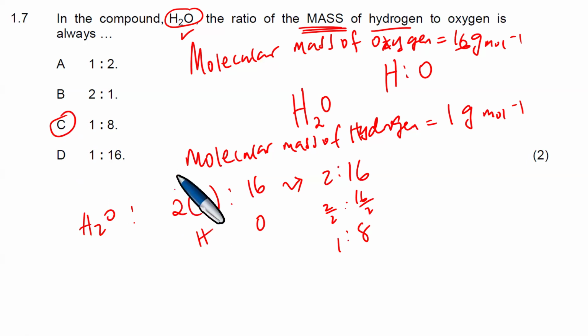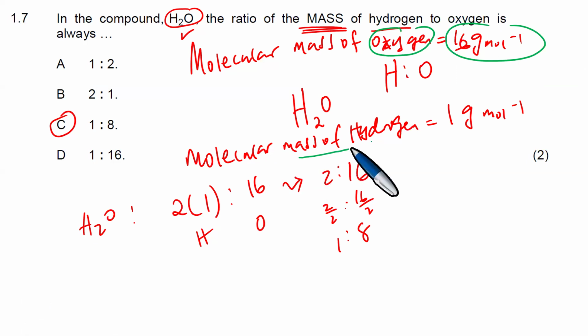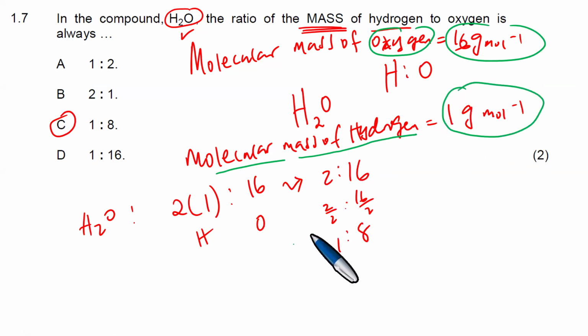Okay, that's fine. We looked at the periodic table, and the periodic table is clear about the fact that the relative atomic mass of oxygen is 16, and that of hydrogen is 1 gram per mole.